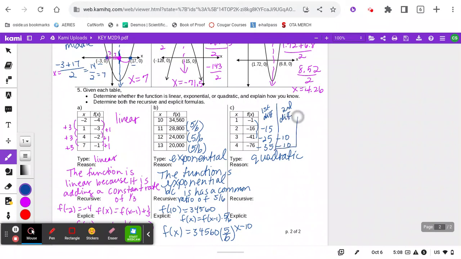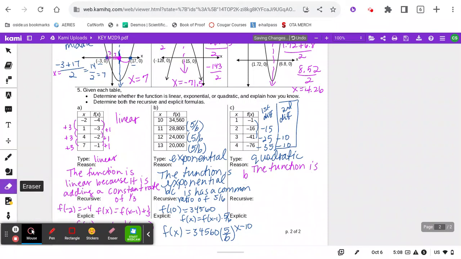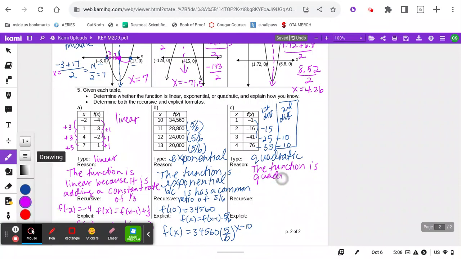Because I have a constant second difference, I know this is quadratic. The function is quadratic because it has a linear first difference and a constant second difference of negative 10.